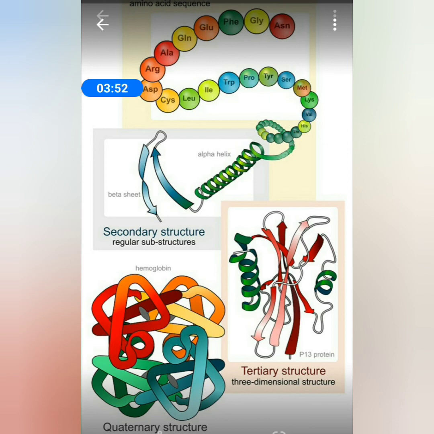Because there are 4 polypeptide chains. But if these 4 subunits are different from each other, then they will be referred to as hetero, hetero meaning different, so they are termed hetero tetramers. So if they are the same, then homo; if they are different, then hetero.